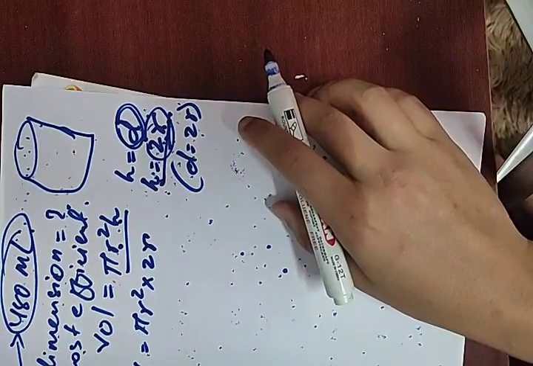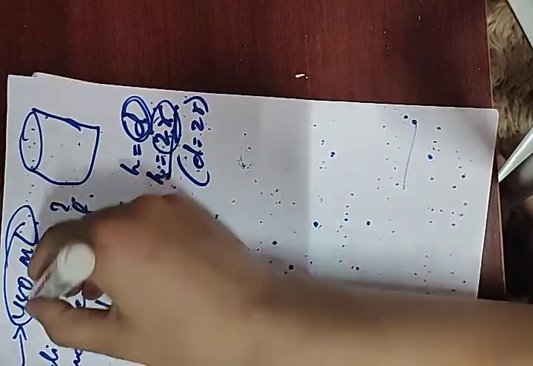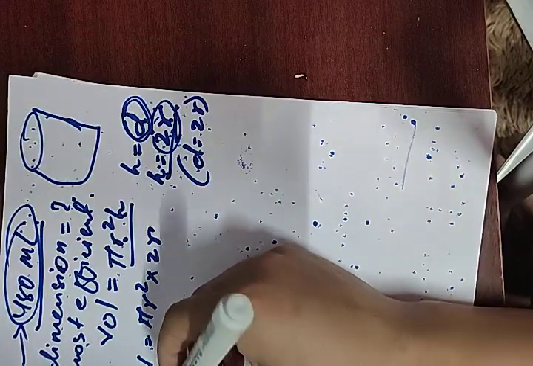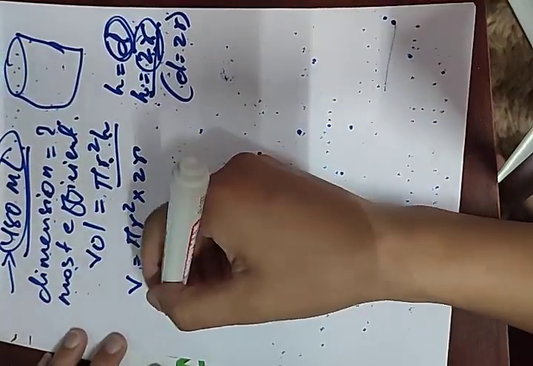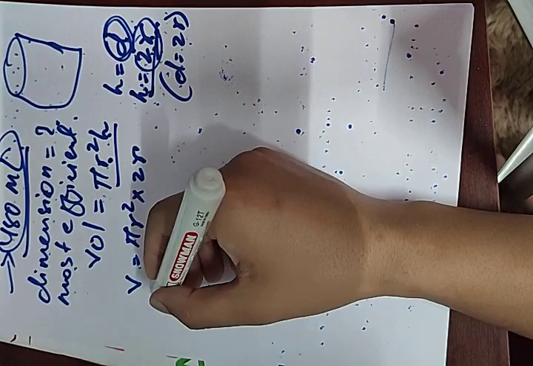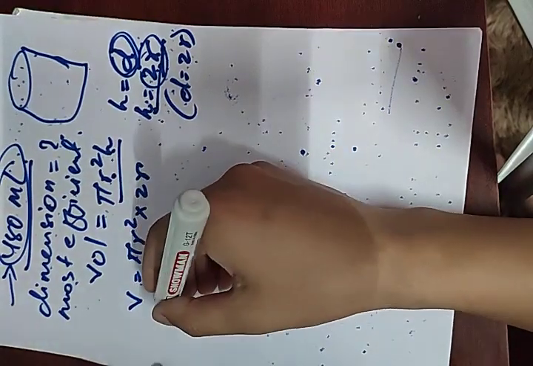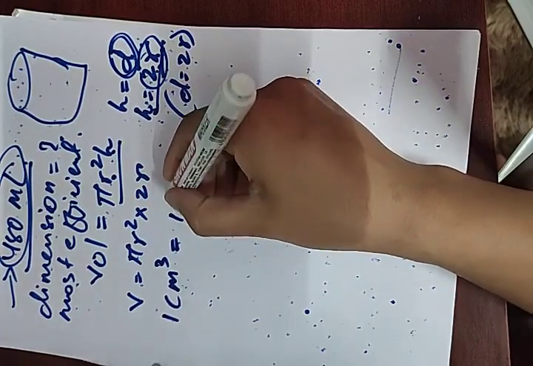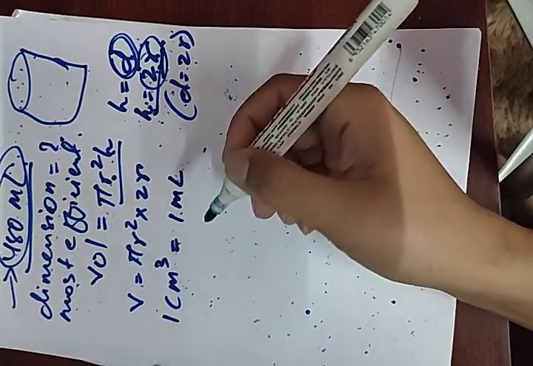Now here I forgot one thing. Here the capacity is given, not the volume. We know that 1 centimeter cube in volume is equal to 1 milliliter in capacity.